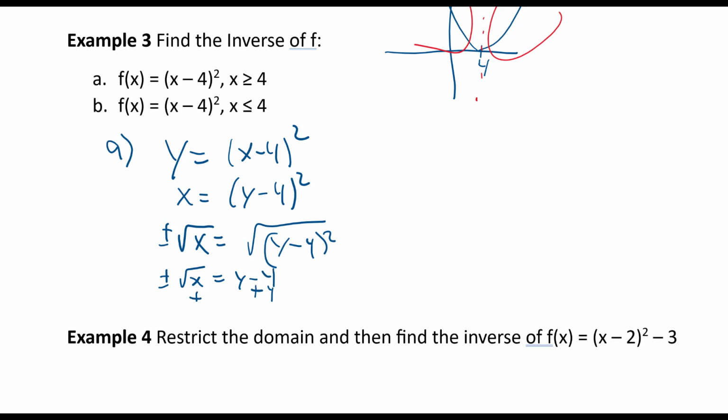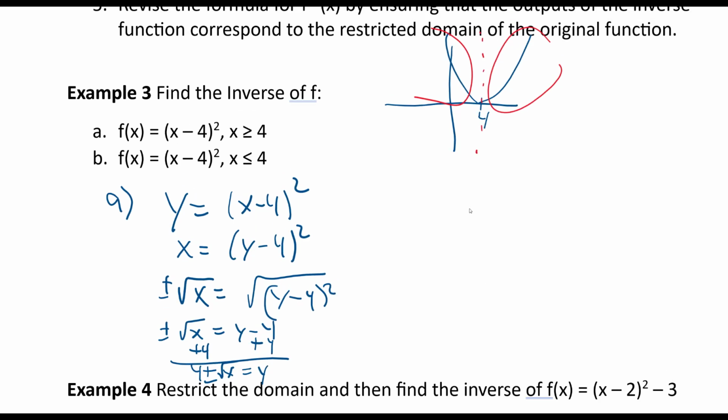Adding 4 to both sides, we have 4 plus or minus the square root of x equals y. And this is where we have the two different functions out of this. So in the one case, we do have a pair of functions.